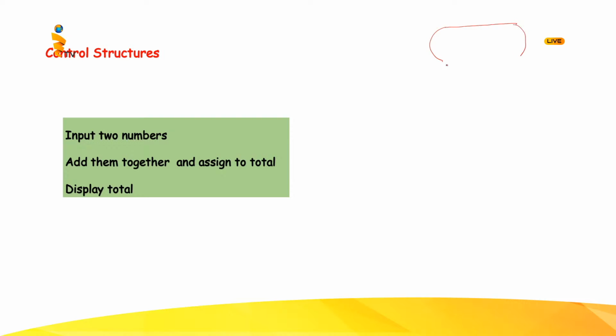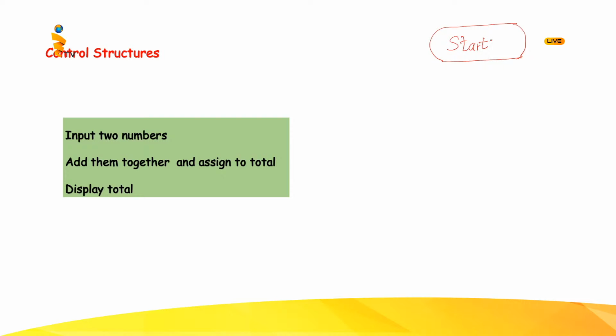First of all, we have to draw our rounded rectangle. That symbol has to be there, and we have to say, now I am going to start my algorithm. So, you have to write start and include that within the symbol we use to indicate start.